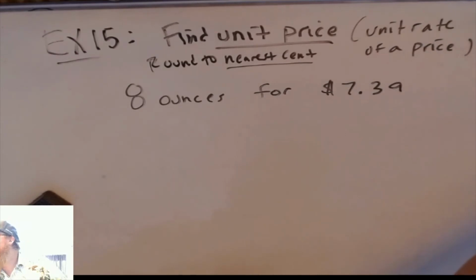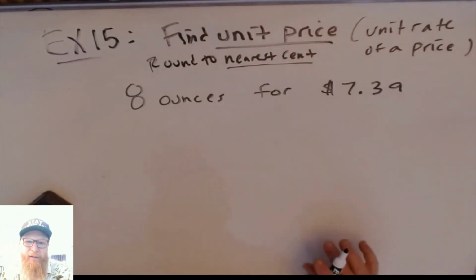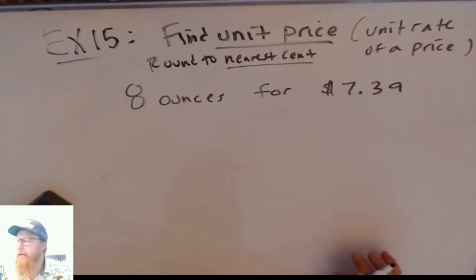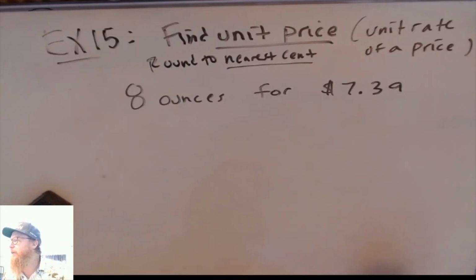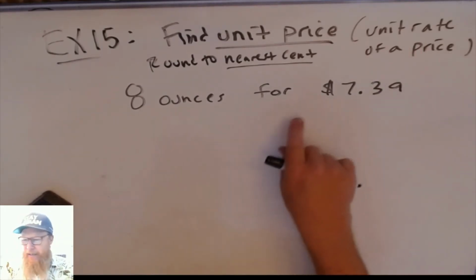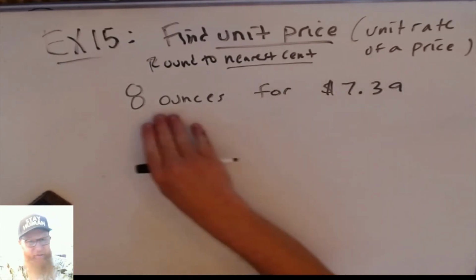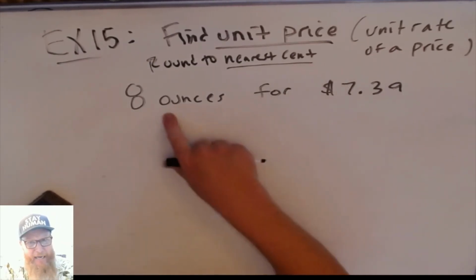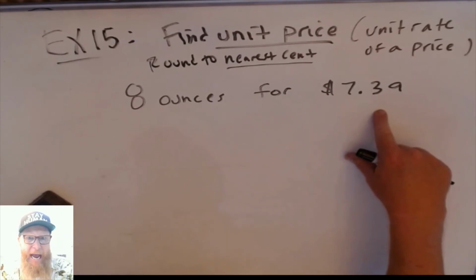Unless it's gas. I think it's not going to happen until the next section where I talk really in detail about gas. For this lesson, I'm just talking about products at the store. I mean, gas is still a product at the store, but I come back to it later. So this very well could be 8 gallons for $7. That'd be pretty cheap gas.